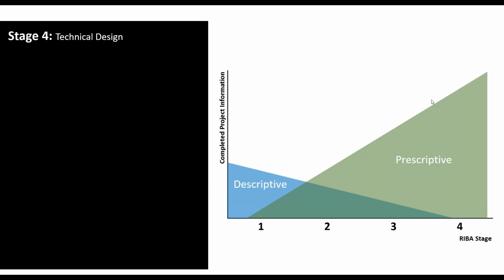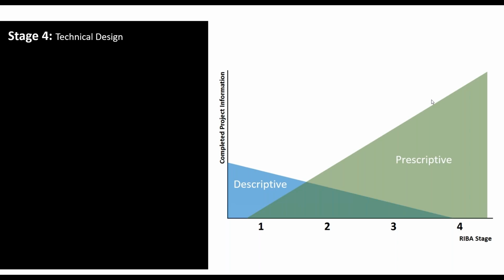But what we saw after the recession towards the end of the 1990s was that the whole descriptive prescriptive concept moved into lots more packages. So now it's quite common for the MEP, for example, to be issued as a descriptive specification, allowing the specialist subcontractor working for the contractor to specify equipment and giving them some leeway to actually look at some of the products as well.